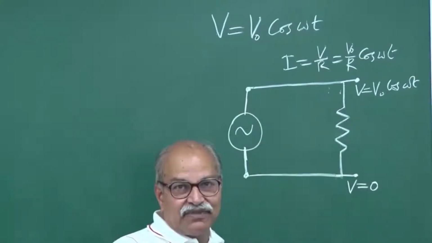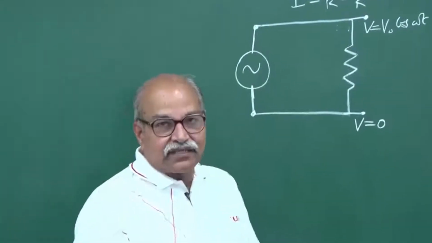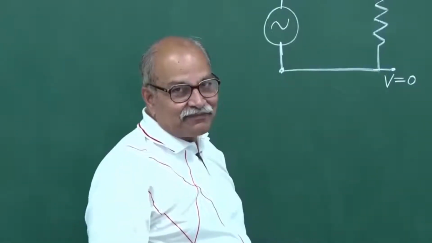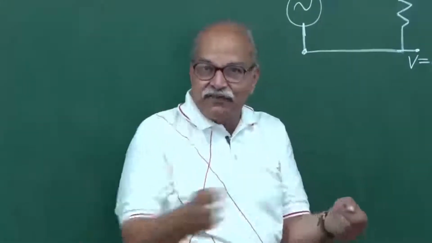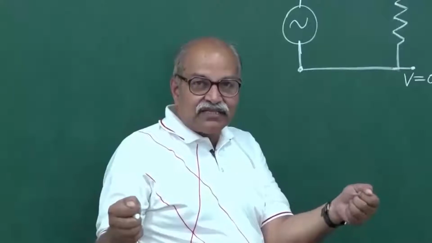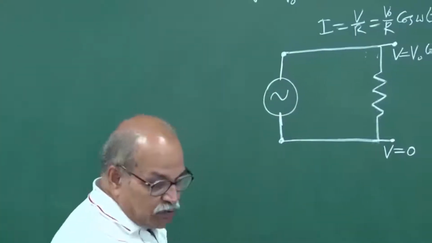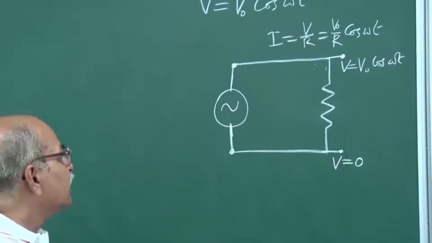That is what happens when I put my filament bulb or a heater in that 5 ampere socket. Through that heater coil, the current keeps changing direction, and the voltage across it keeps changing direction. Now what happens if I put a diode in between?